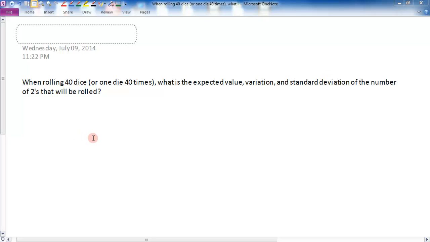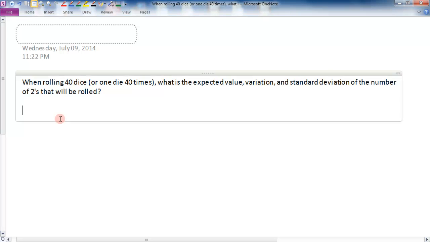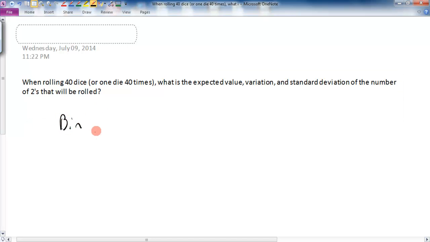But what hopefully you recognize is that this situation is a binomial situation. This can be defined as a Bernoulli trial. We can define this as success and failure. So I will define success, which Bernoulli defines as P, as rolling a 2.